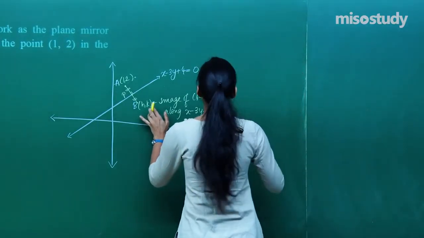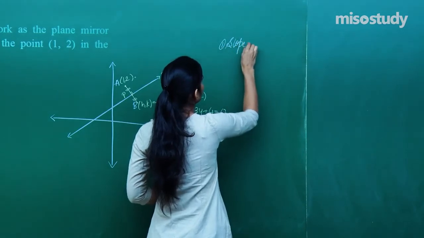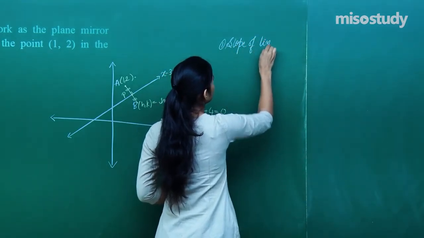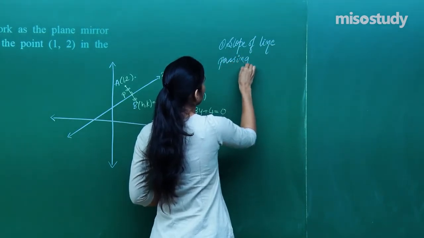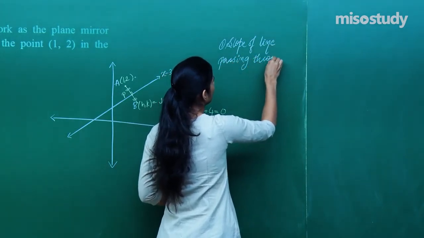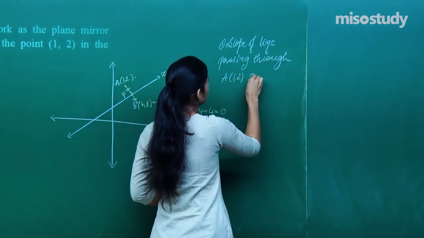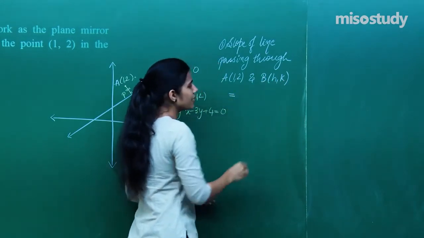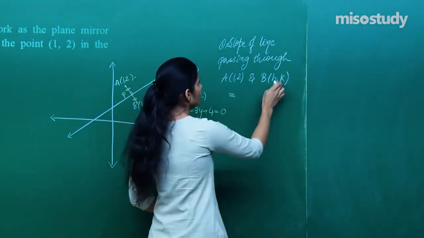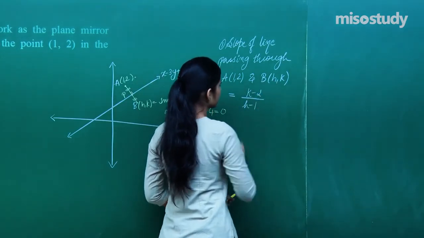Now in here, if I talk about firstly slope of line passing through A 1, 2 and B H, K. What is the slope of the line passing through 2 points? It is given by y2 minus y1 upon x2 minus x1.